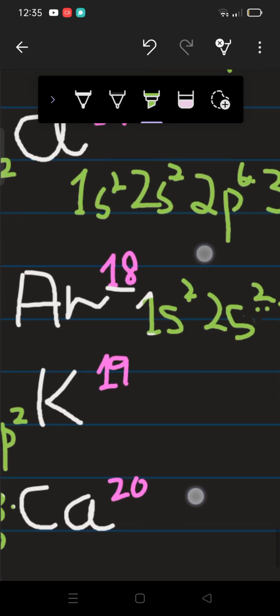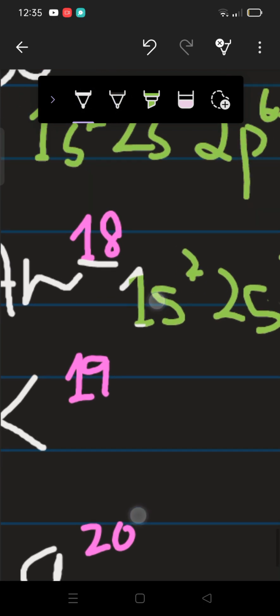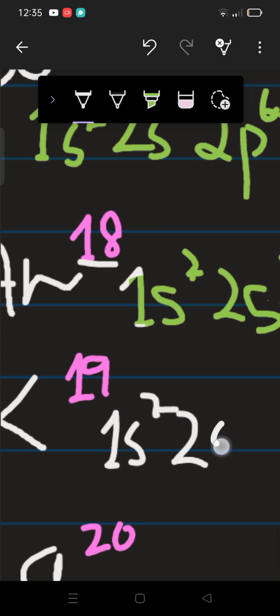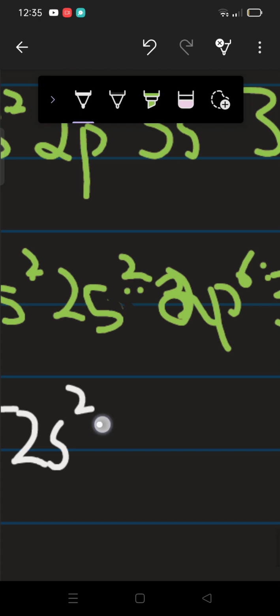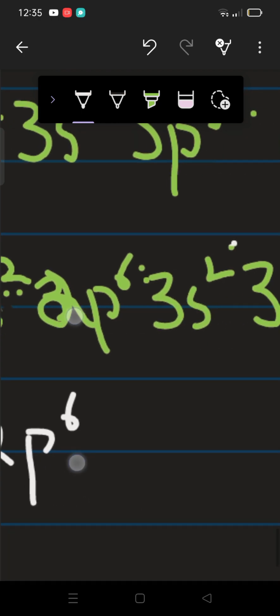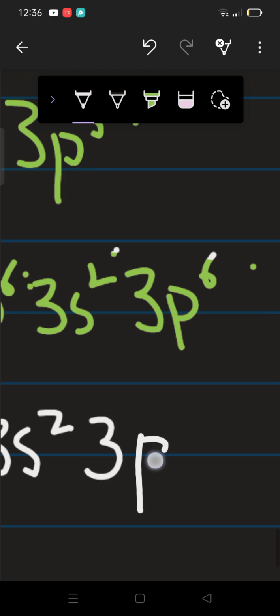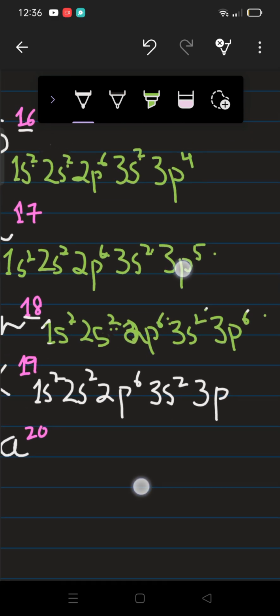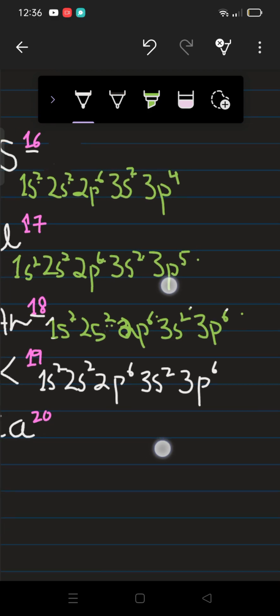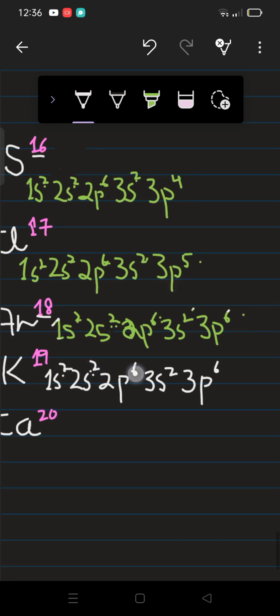Now we are moving towards potassium, which is represented with the symbol K. Alright, so 1s2, 2s2, 2p6, 3s2, 3p6. Let's count the electrons first. 2 plus 2 is 4, 4 plus 6 is 10, 10 plus 2 is 12, 12 plus 6 is 18.